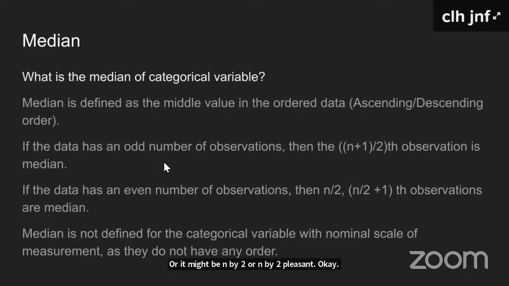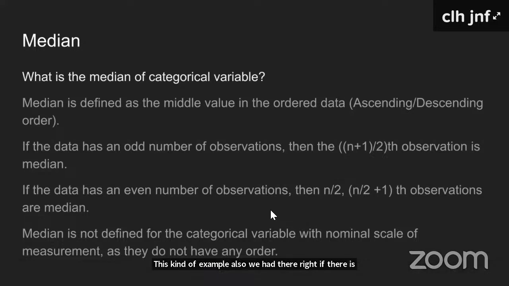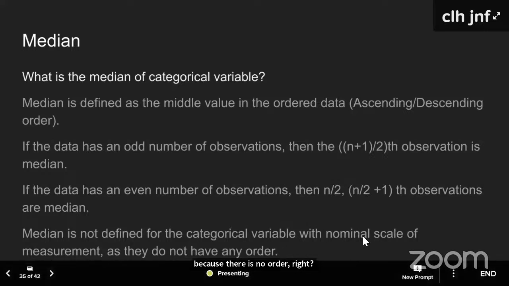Median is not defined for a categorical variable with nominal scale of measurement. This kind of example we also had there. If there is only nominal scale of measurement, you can't have median. Why? Because there is no order. Did you get the last point? Why can't we have the median for the nominal scale of measurement?